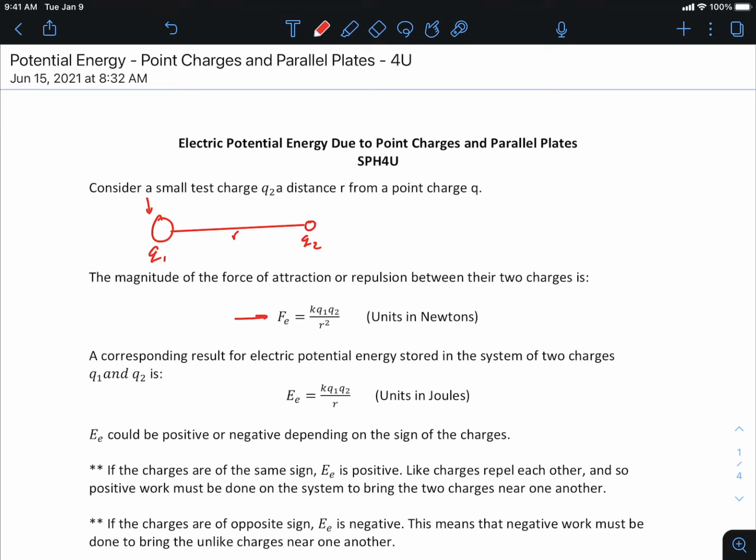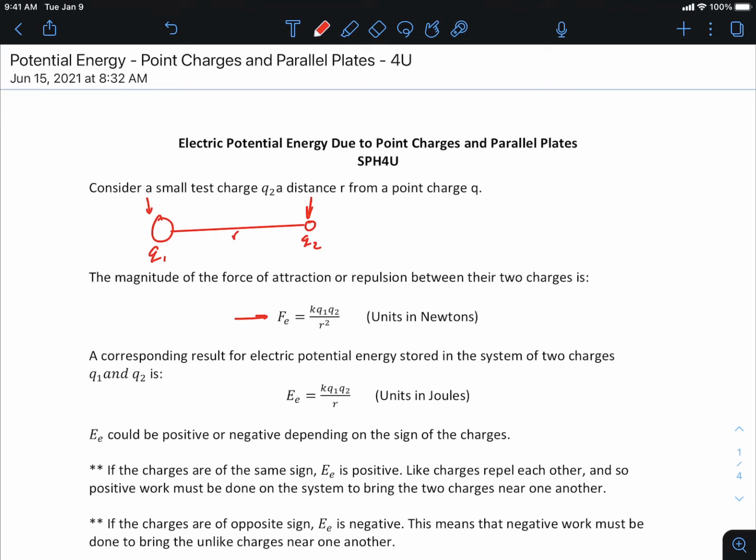And in the vicinity of Q1, we have potential energy, which varies depending on how close you are to the fixed charge. So Q2 is experiencing some potential energy based on the presence of Q1, right?